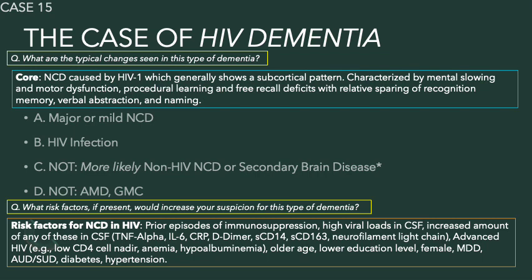Risk factors for neurocognitive disorder in HIV include prior episodes of immunosuppression, high viral loads in CSF, increased amount of any of the following in CSF, so TNF-alpha, interleukin-6, CRP, D-dimer, sCD14, sCD163, and neurofilament light chain, as well as advanced HIV, such as low CD4 cell nadir, anemia or hypoalbuminemia, older age, lower education level, female sex, major depressive disorder, alcohol use disorder, other substance use disorders, diabetes, and hypertension.